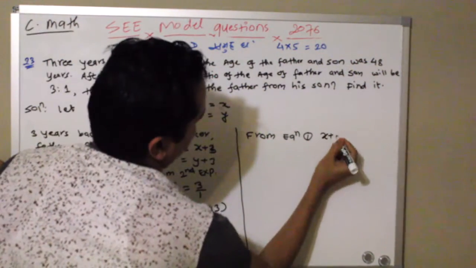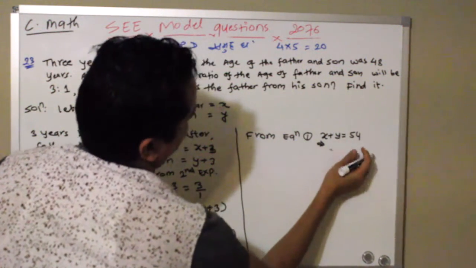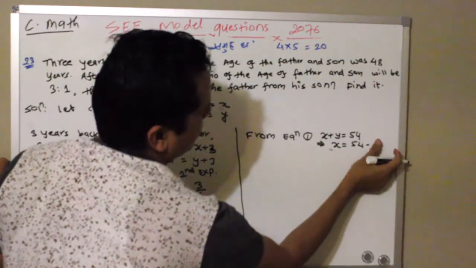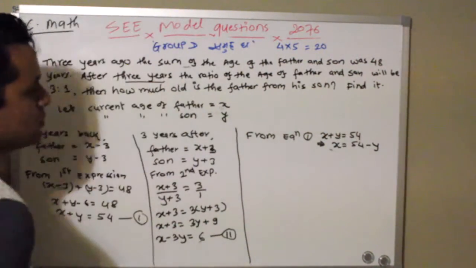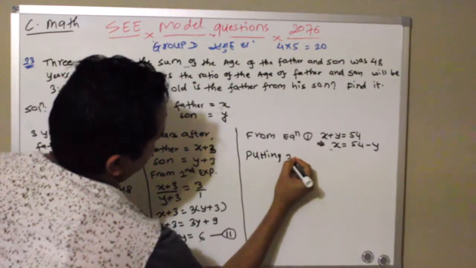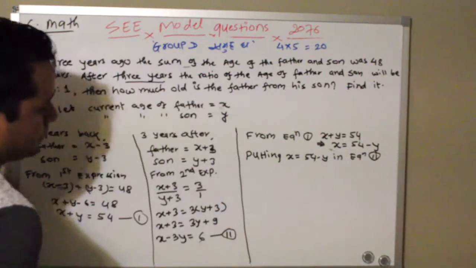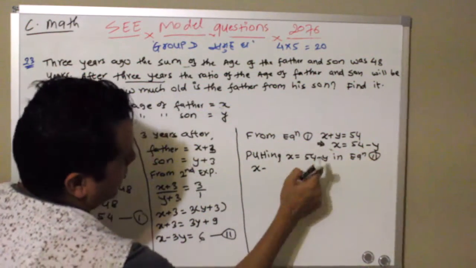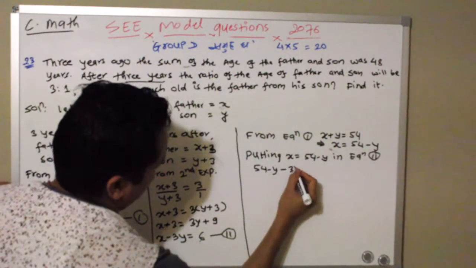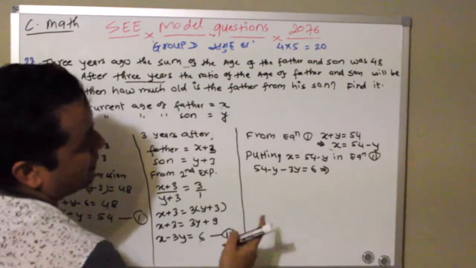X plus Y equals 54, which implies X equals 54 minus Y. Put that value of X into the second equation: 54 minus Y minus 3Y equals 6.